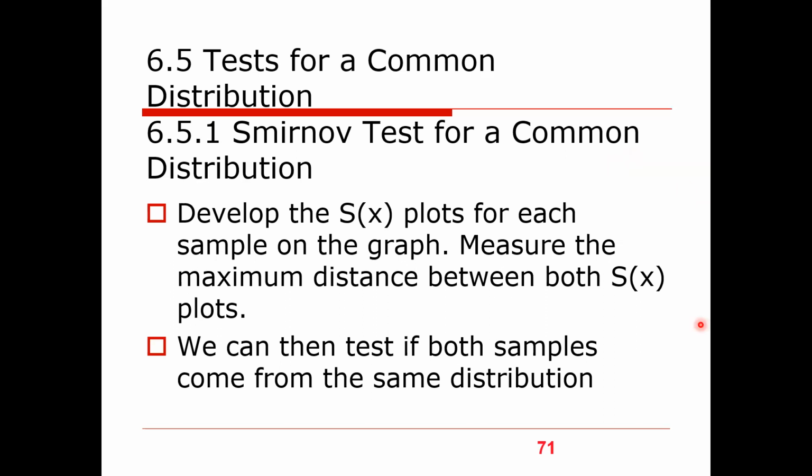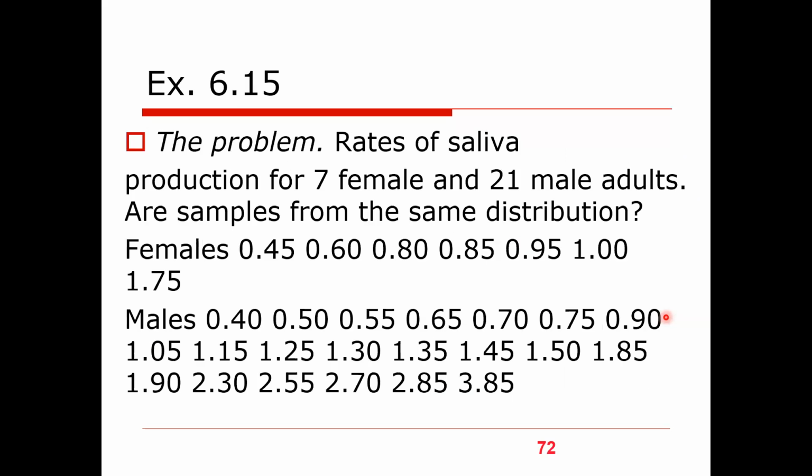So for two samples, it's the same. We compute the Sx for both samples and identify the biggest gap between them, and use that biggest gap to determine whether the two samples have the same distribution.